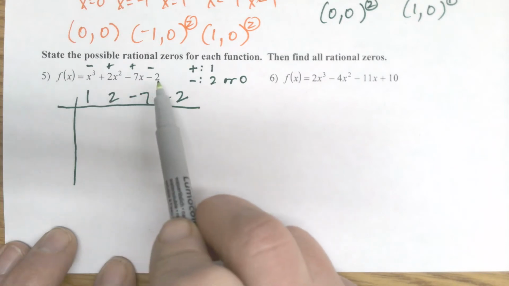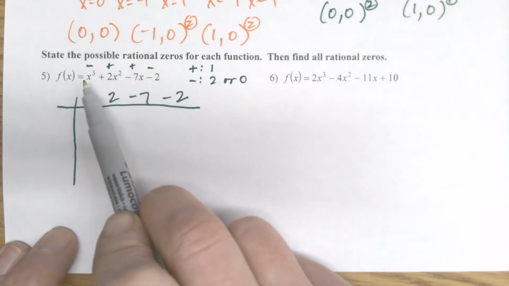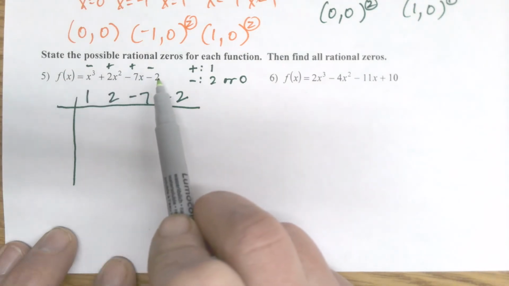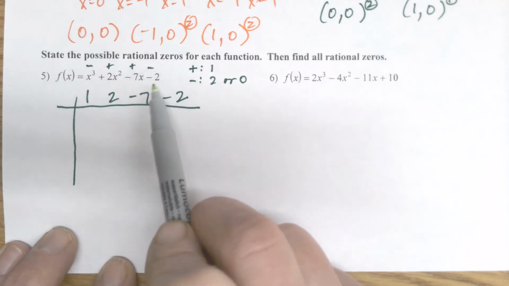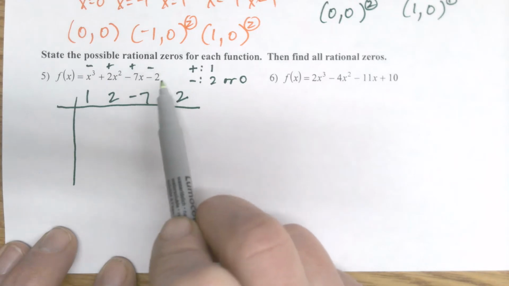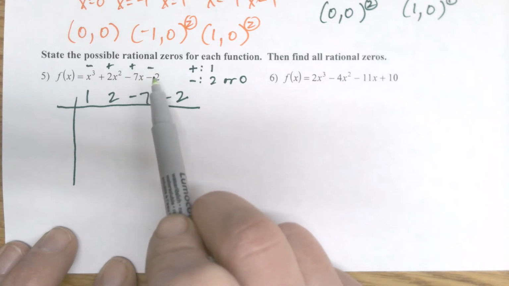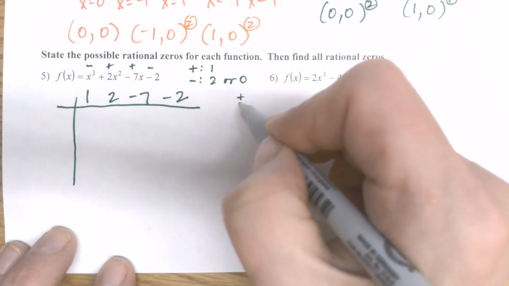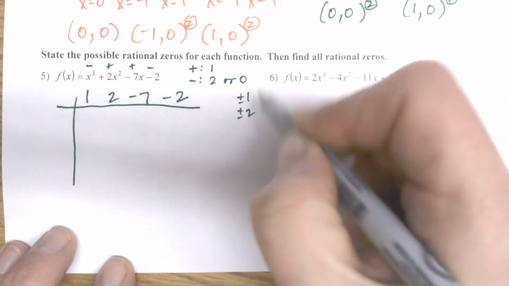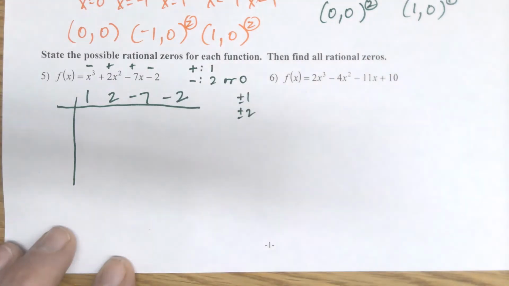And sensible numbers come from a combination of the front and the back. Because 1 is in the front, I'm only going to look at the back. This means that the only sensible factors would be plus or minus 1 and plus or minus 2, because those are factors of negative 2.